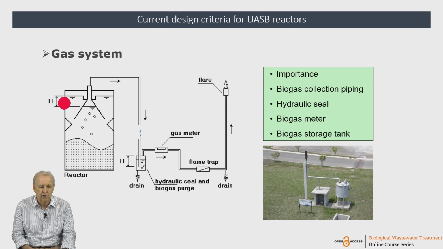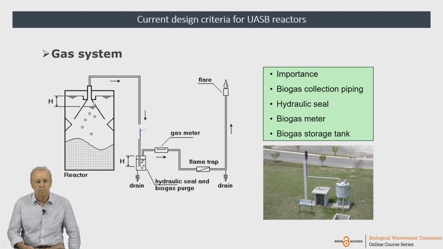There is one pressure indicated by this letter H. So this letter H is indicated here. That's the distance between the level inside the hydraulic seal and the opening of this biogas pipe. And if we put water here, we put some pressure for this gas to be released, and this pressure is maintained inside the three-phase separator.